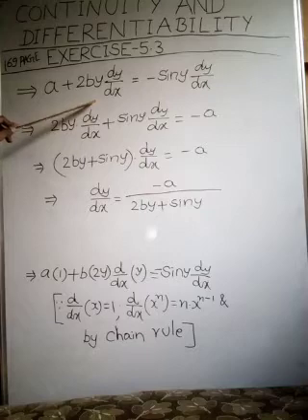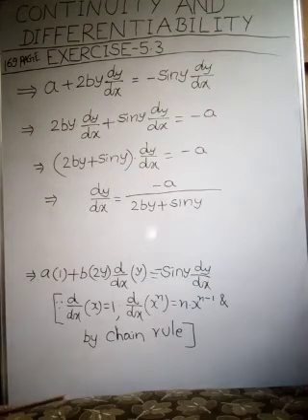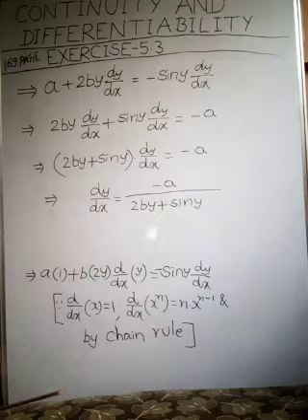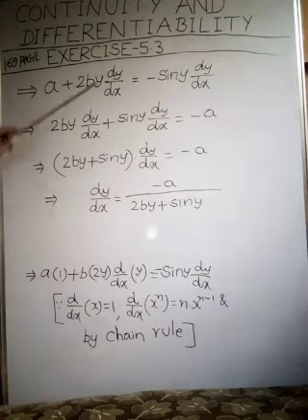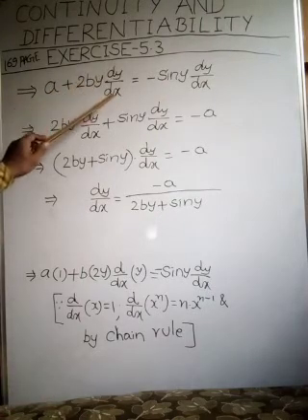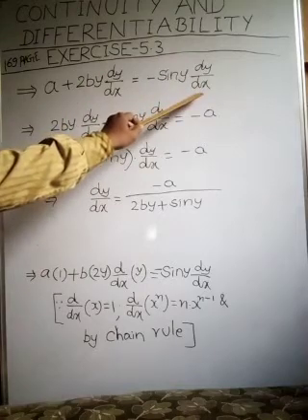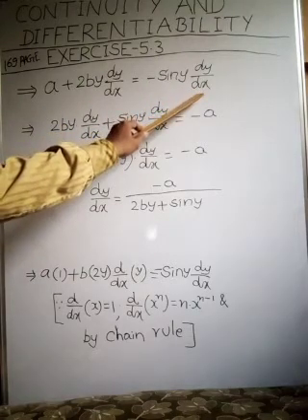Right. Now we have to find the value of dy by dx. So I am writing all the terms which have dy by dx. This term has dy by dx, and in the RHS this term also has dy by dx.